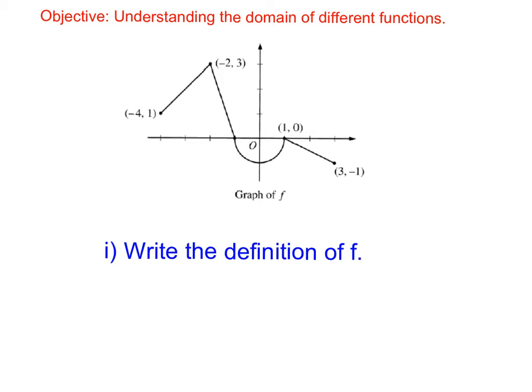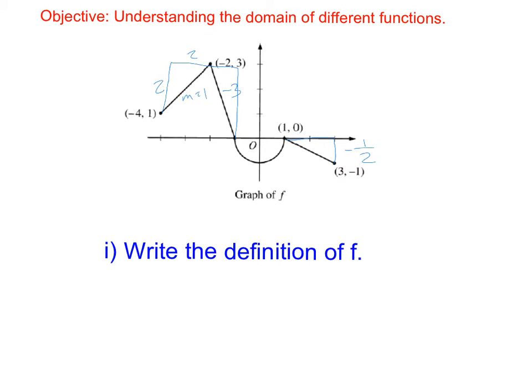Write the definition. Okay, this is probably the hardest part. So let's start with the lines. The first thing I do is I find the slope. So that's up 2 over 2, so m is 1. This one has a slope of -3, and this has a slope of -0.5, it looks like.